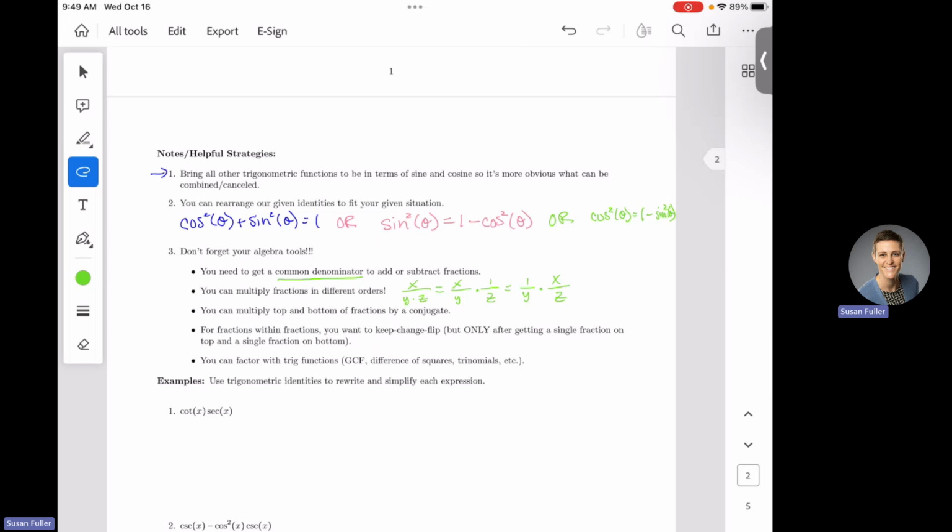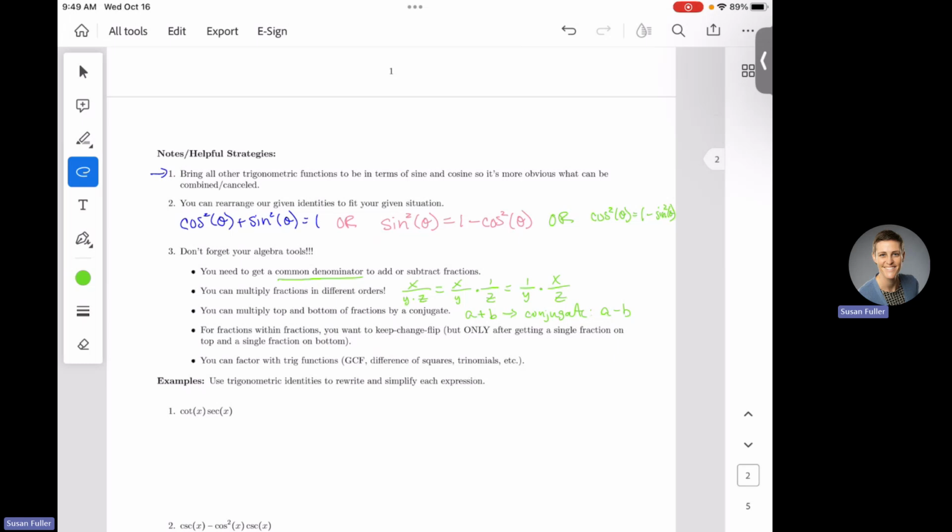You can multiply by a conjugate if you need to. Remember that if you have something that looks like a plus b, its conjugate is a minus b. And really, anytime that you have addition or subtraction in a fraction, sometimes a conjugate can be a good option for you, and it's going to help us simplify things.